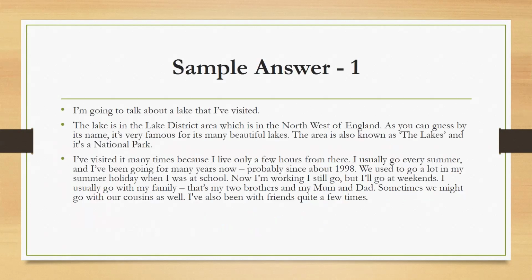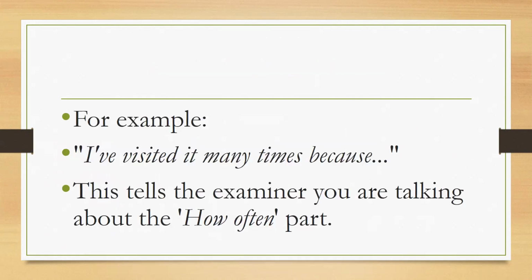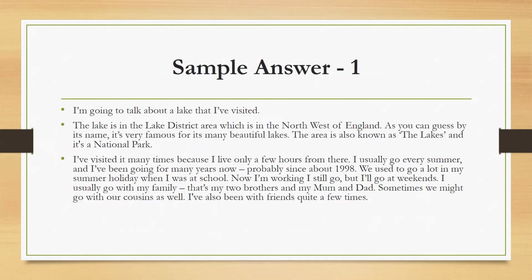So let's go back to the example. This is the cue card. This is the topic. Describe a lake, a river, or a sea you have visited. Look at somebody's answer after developing the mind map. I am going to talk about a lake I have visited. The lake is in the Lake District area, which is in the northwest of England.